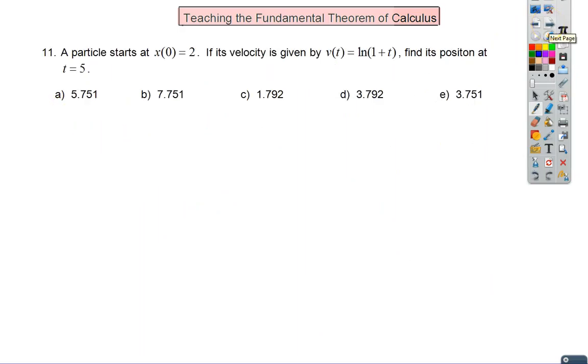Okay, this is actually an important one as well. It says a particle starts at x of 0 is equal to 2. If its velocity is given by natural log of 1 plus t, find its position at t equals 5. So this is where you have to start remembering that it's asking for the position at a time equal to 5. In order to find the actual position, I'm asked to find my final position.